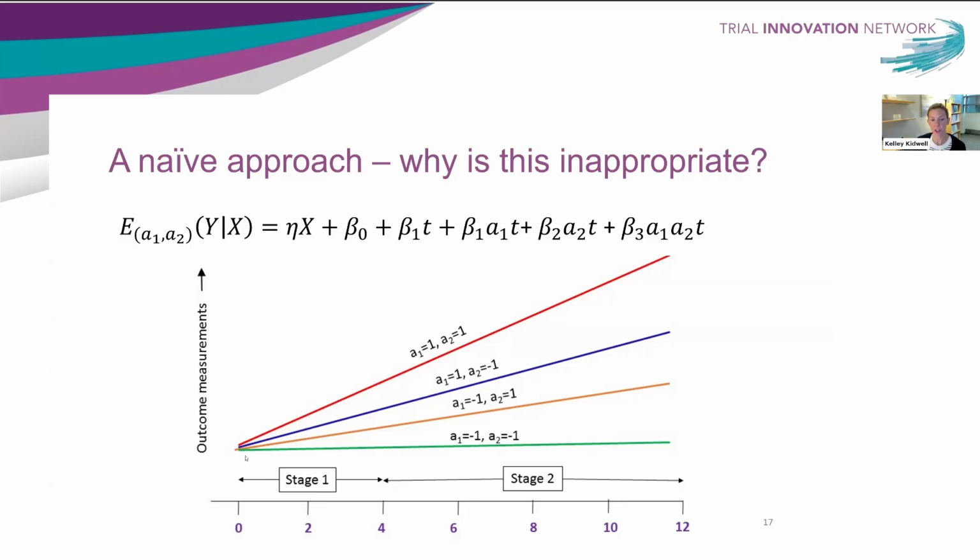And so if they have the same first stage treatment, those trajectories need to be the same within the first stage, right? They can't be separated out in this first stage. And so that needs to be taken account of in the analytic approach.